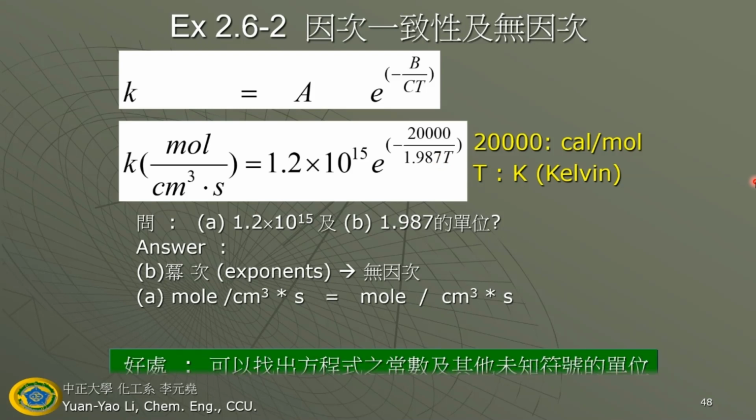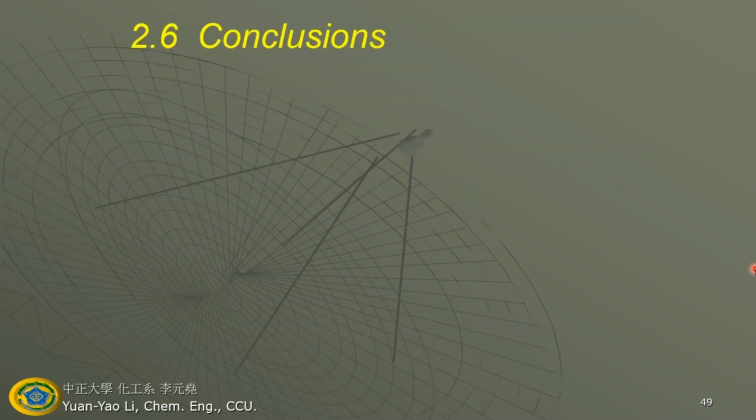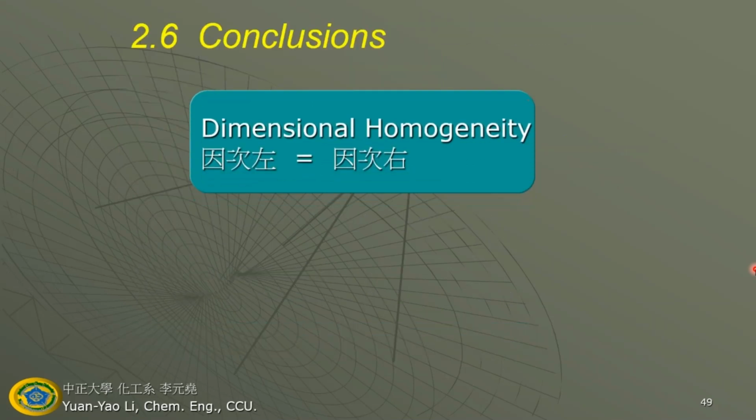So as you know, you just move this to this side, and you know the answer for the unit of 1.987. Okay. So the conclusion is dimensional homogeneity: the dimension on the right equals the dimension on the left.